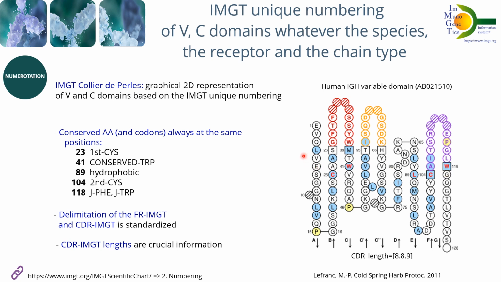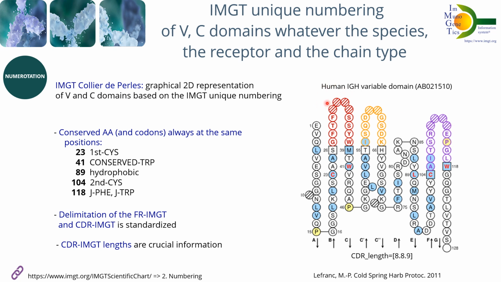This IMGT numbering allows the standardized delimitation of the framework regions, represented in black beads, FR1, FR2, FR3, and FR4, and of the complementarity determining regions CDR1, CDR2, and CDR3.